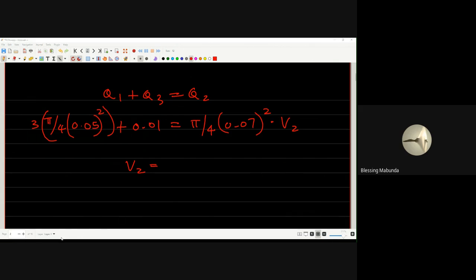The answer I'm getting here is that V2 is 4.1291 meters per second.